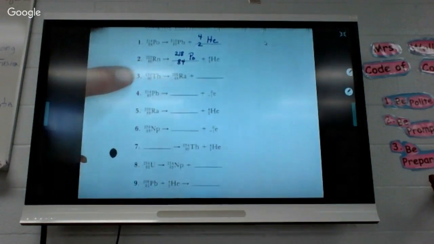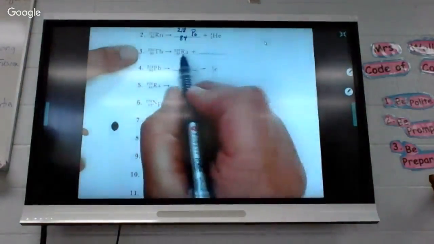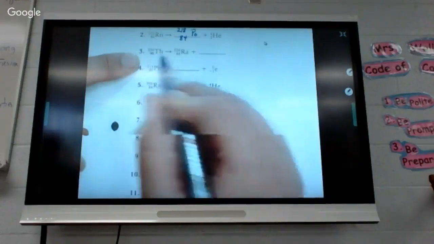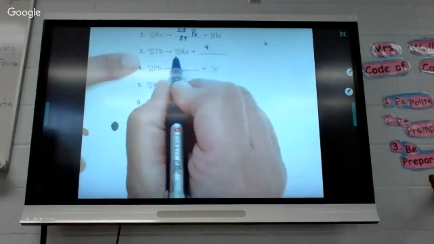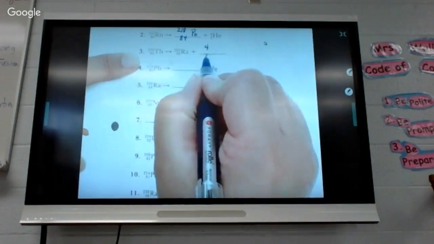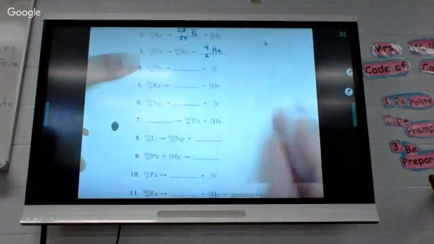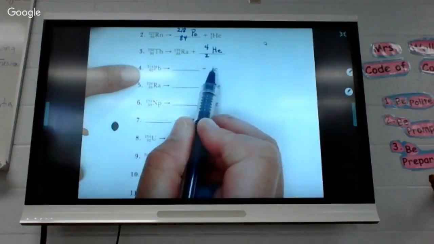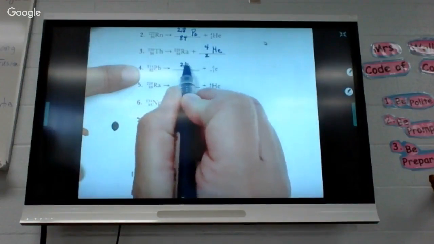Alpha. Number 3, we've got RA. So 226 plus what will give me, what is that? 230? So 4. 88 plus what will give me 90? So that'll be a HE. So that's again alpha. I've got 214, but I've got a 0 here. So I'm going to have what here? 214.